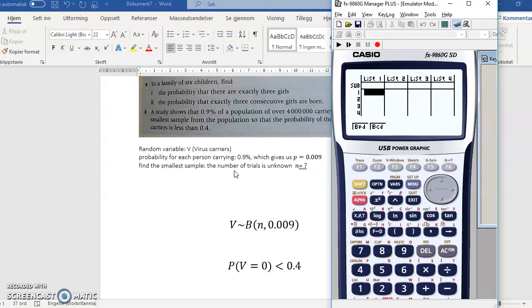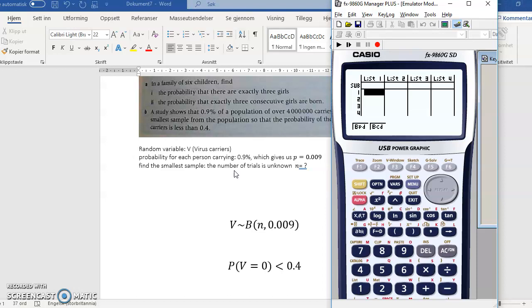So if you look at the options you have there, you'll find that it says as the third option INVB, and that's the inverse binomial. Now, if you press that, and you decide that the area is going to be 0.4, so that's the probability that you know already.